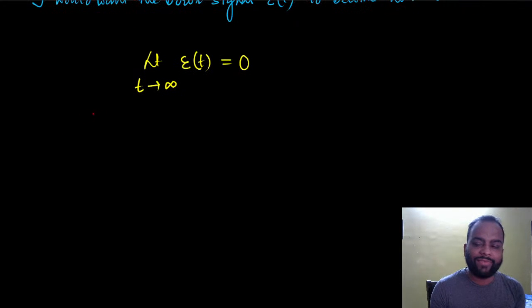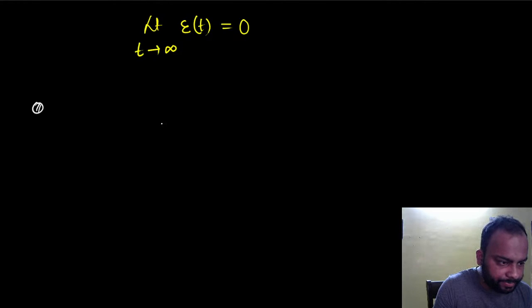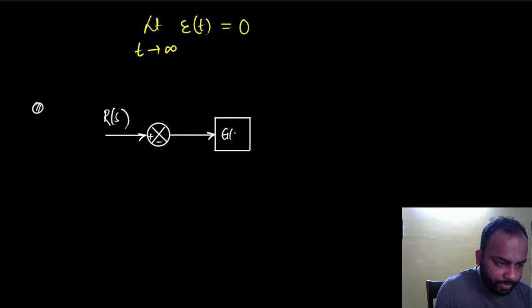So now let's take a very simple first order system and define it. Again, I'm considering unity negative feedback, and later on we are going to generalize everything to feedback systems that have non-unity feedback transfer functions.